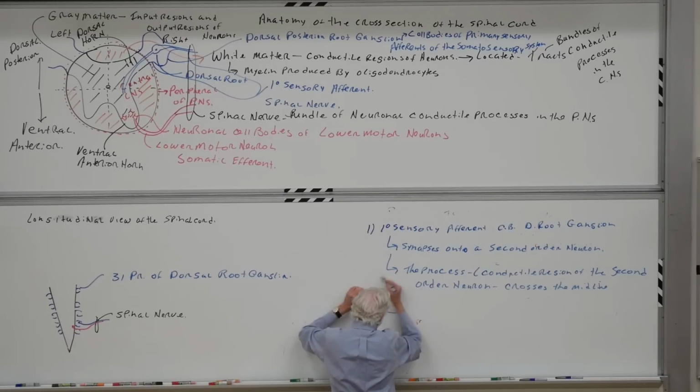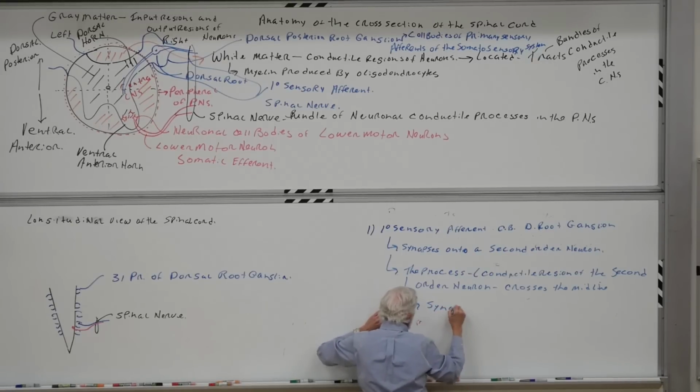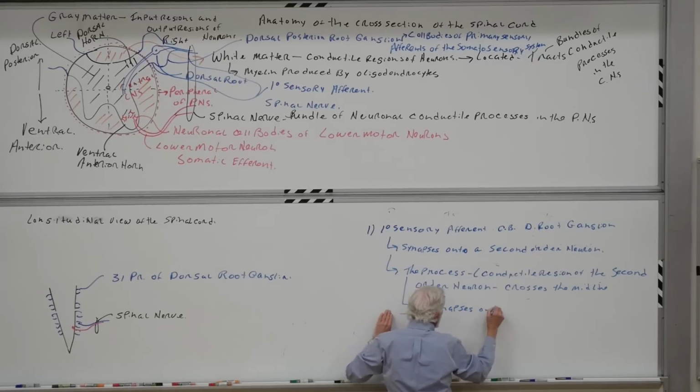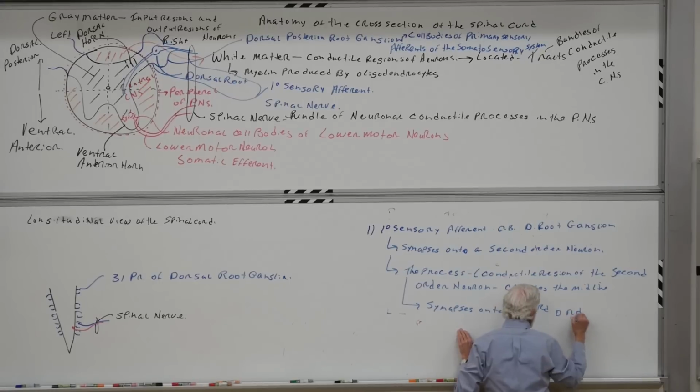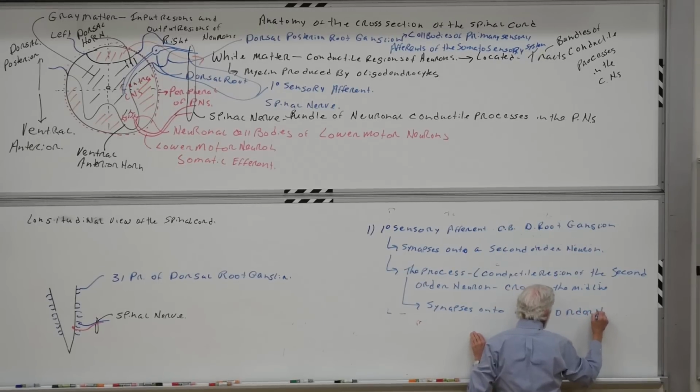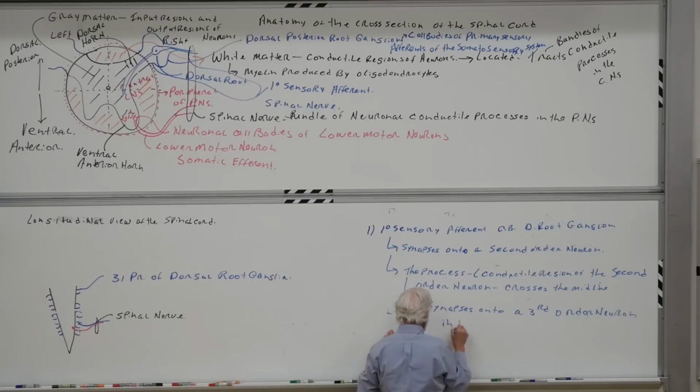Then this second order neuron synapses onto a third order neuron in the thalamus.